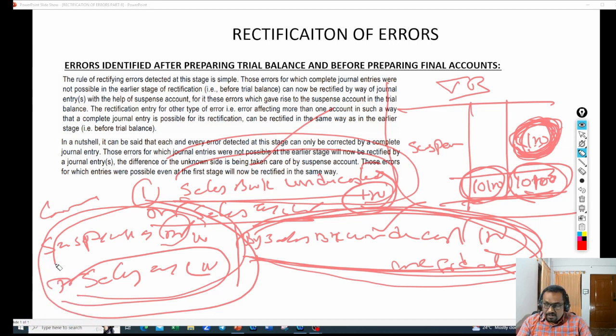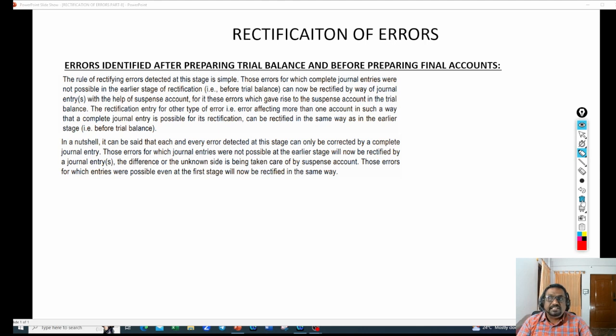What I'm trying to say here is, in stage 2, you will not identify any single entries or one-sided entries. Why you cannot identify one-sided entries in second stage is, the simple answer is, the difference in trial balance is already identified and posted to suspense account. That means one leg is already identified. One leg is already sitting in our suspense account.